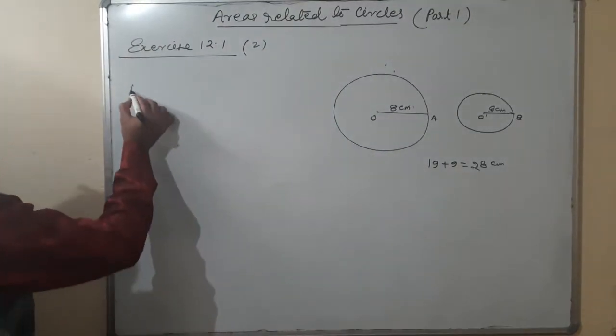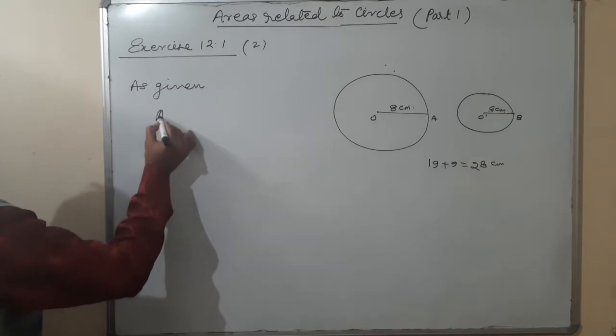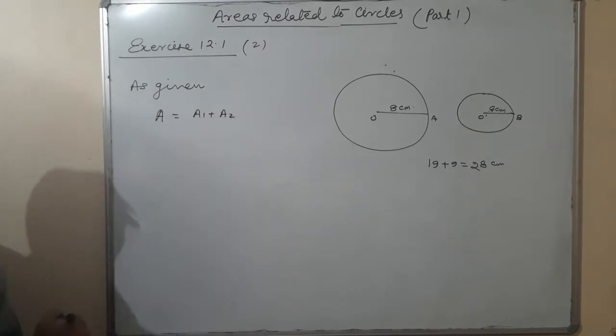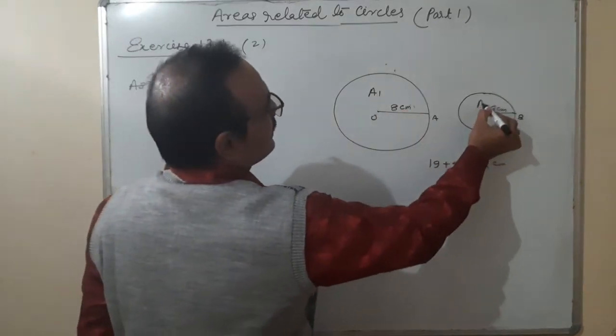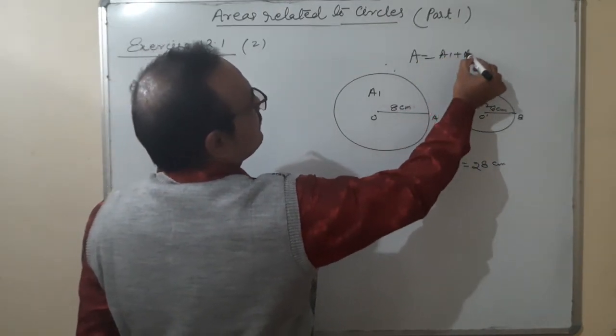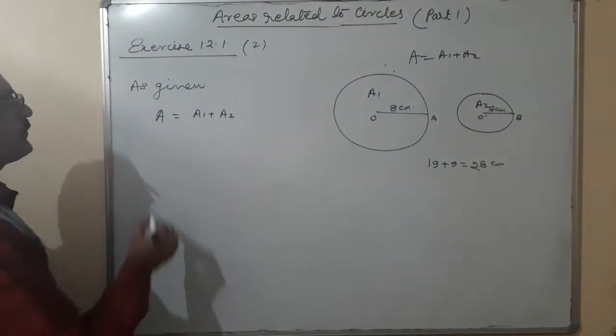So that means, as given, capital A is equal to, I am writing here, A1 plus A2. What is A1, A2? Area 1, area 2, and capital A is equal to A1 plus A2. That means we are going to find the radius of the big circle. Okay.